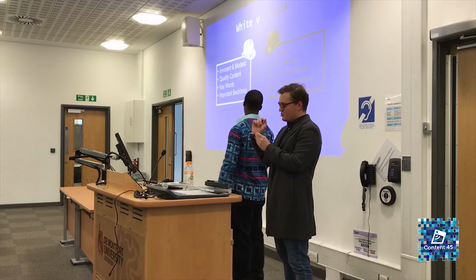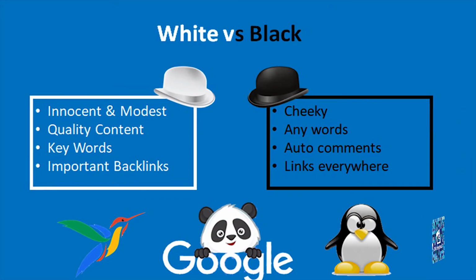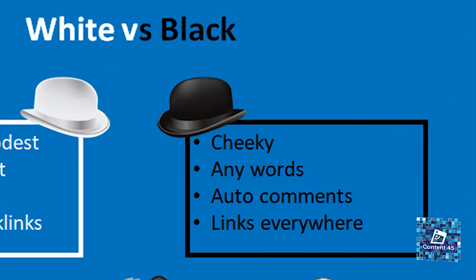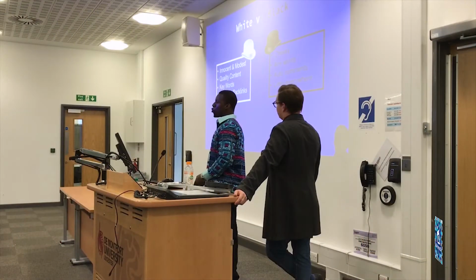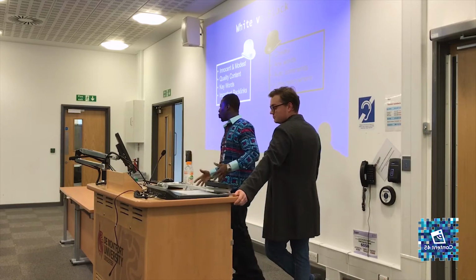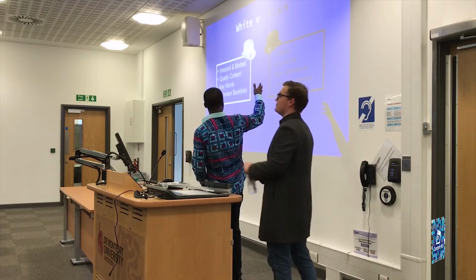On the other hand, we've got black hat SEO, which is more cheeky, deceptive, a rather sneaky way of doing SEO. That is through any kind of keywords that don't really relate to what your product, your service, or your actual company is about. You also have auto commentary.